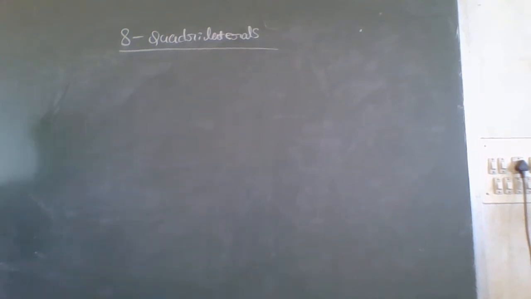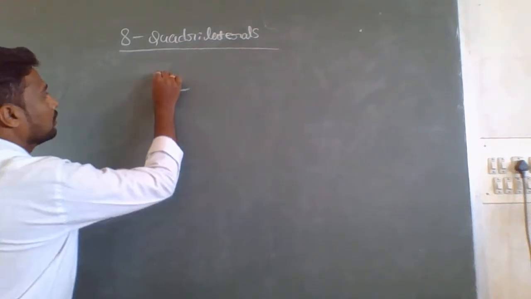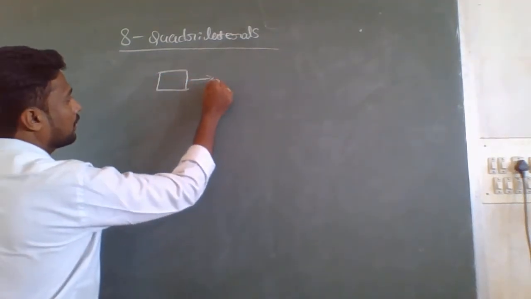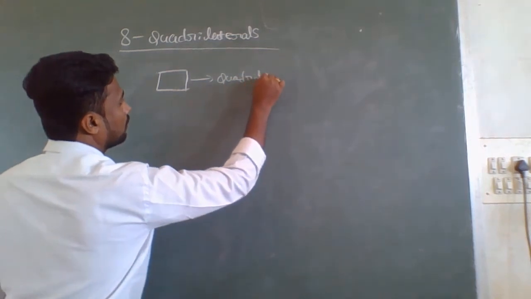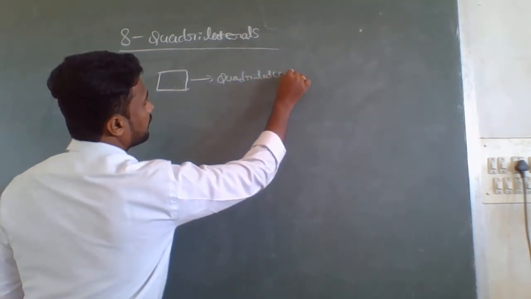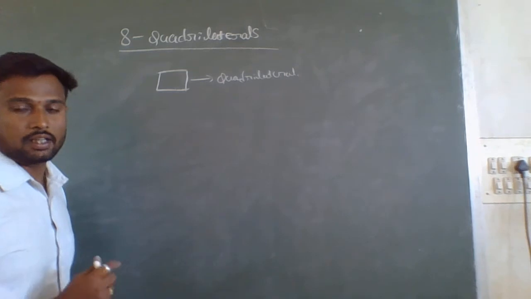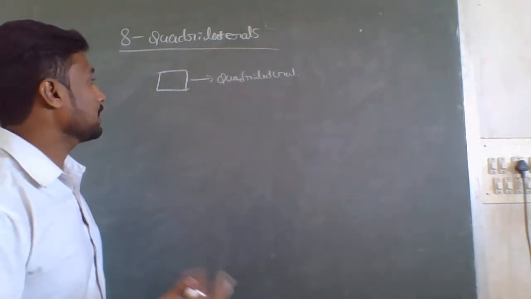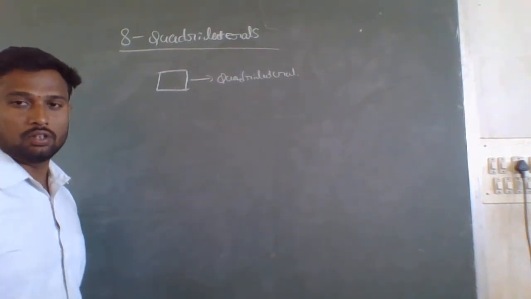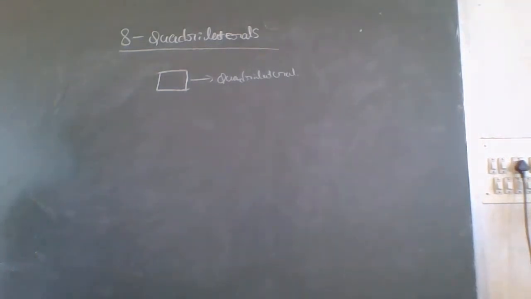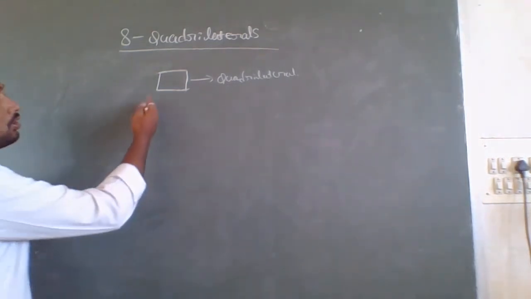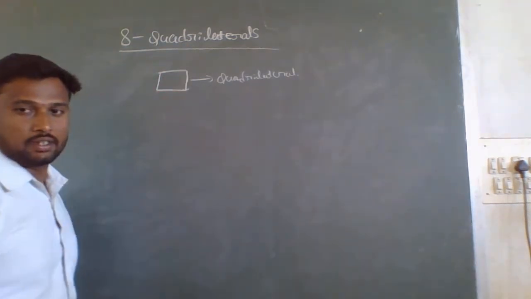If a polygon has four sides, then we call it a quadrilateral. If it has three sides, what is that? Triangle. If it has five sides, then it is a pentagon. So now in this chapter we will study only about quadrilaterals, means a polygon with four sides.